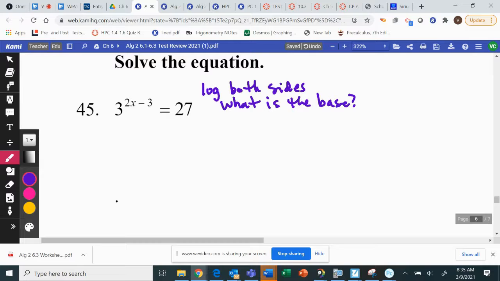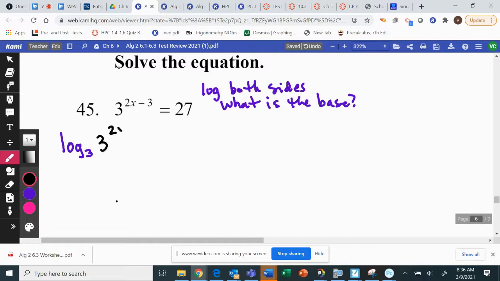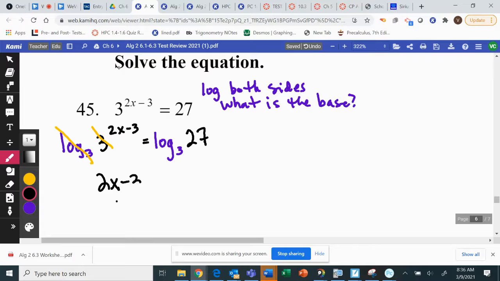Three. So I'm going to log base 3 both sides. So log base 3 cancels out the base of 3, and I get 2x minus 3 on the left side.